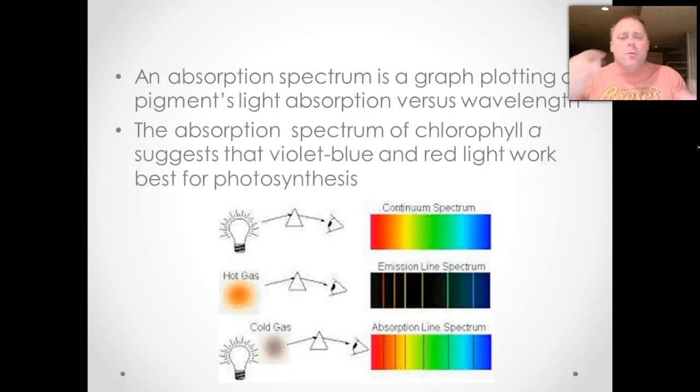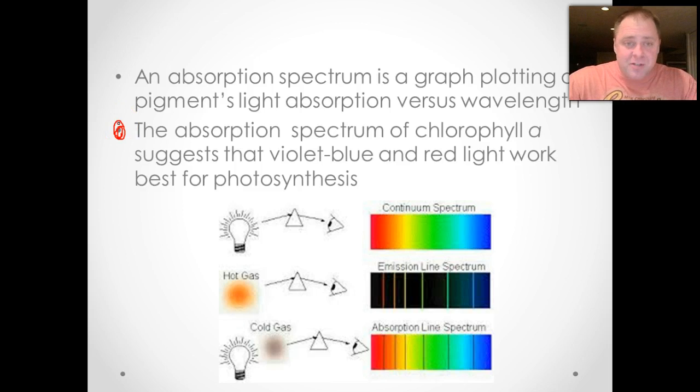Conclusion time. What does this all mean? Why do we care? What it means is right about here. This is what we really want to focus on. Since we know that green light is reflected by chlorophyll, we must then agree and understand that photosynthesis is going to take place the best when it is absorbing other colors of light.